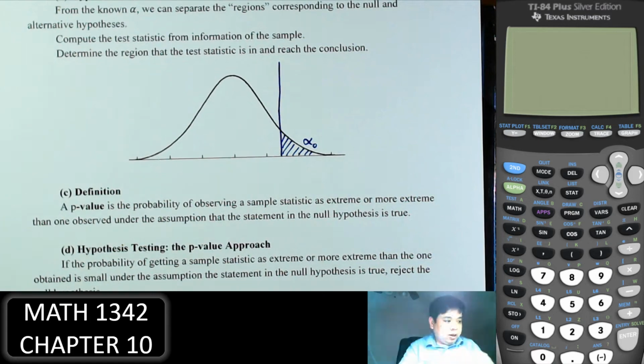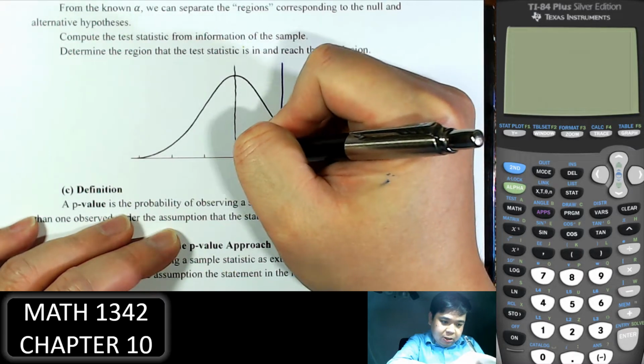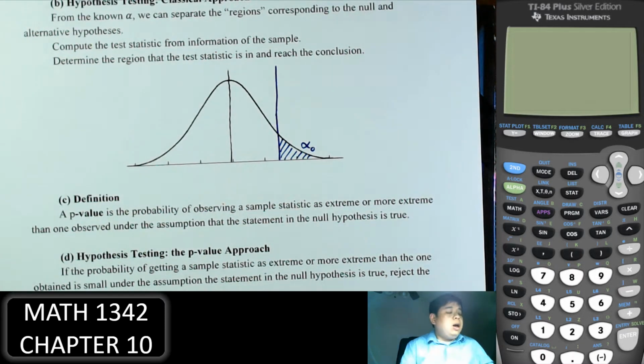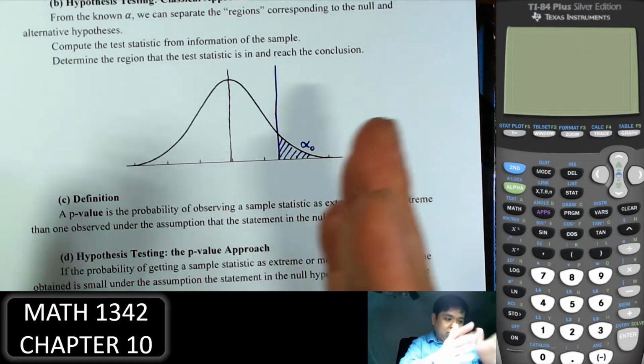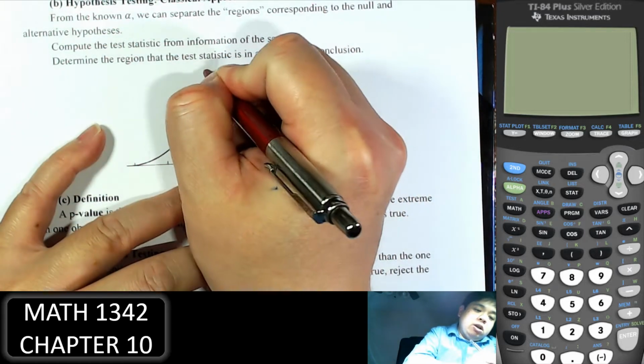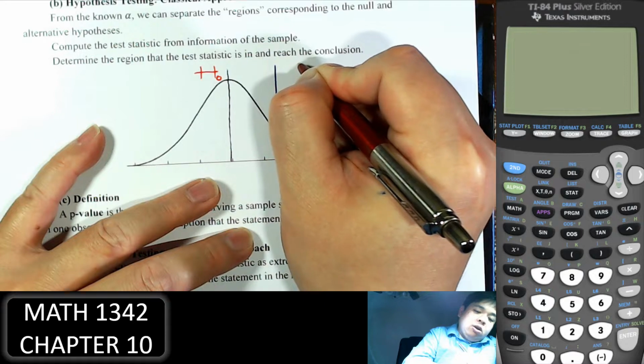The mean is right in the middle, so the statistic is no difference, no change. So this is where we say this is the H0, and the other one will be H1.